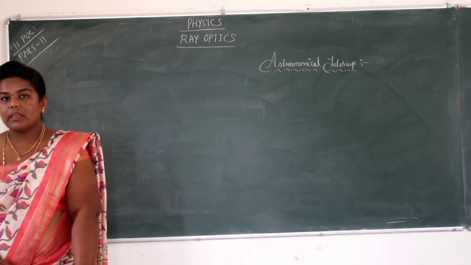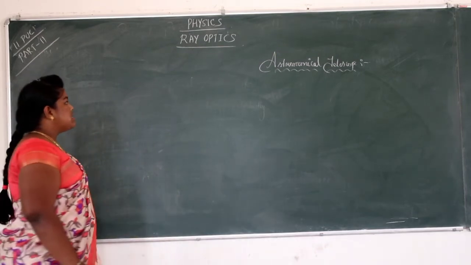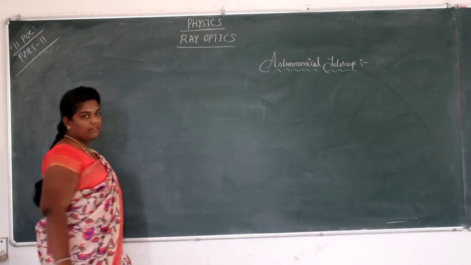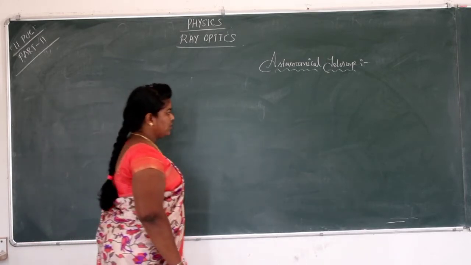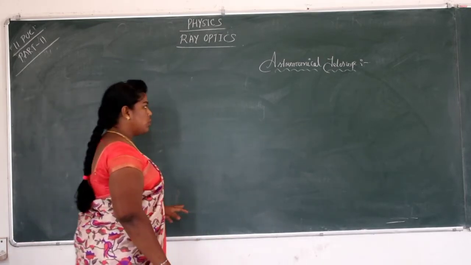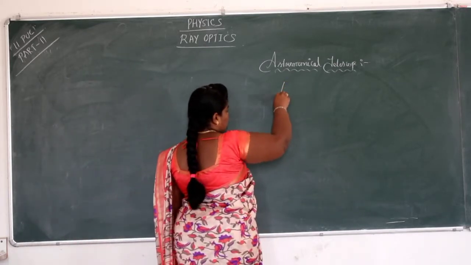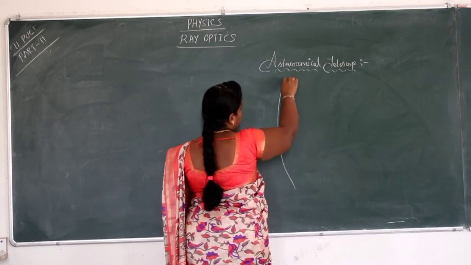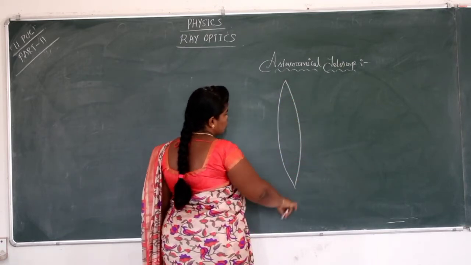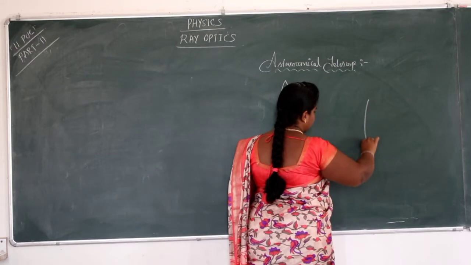Dear students, now we come to the construction part. Here I am using two different lenses, and I am going to draw the diagram. We have two lenses, and those two lenses are convex lenses.